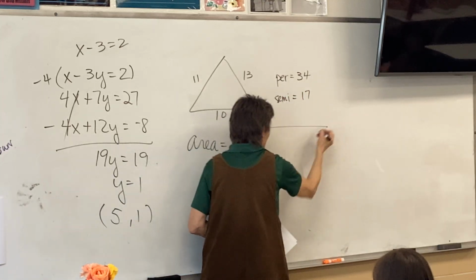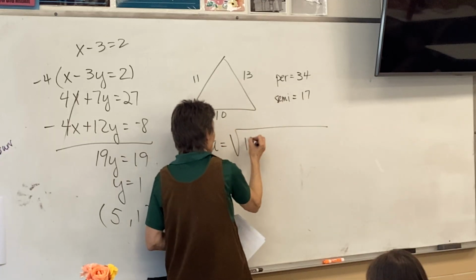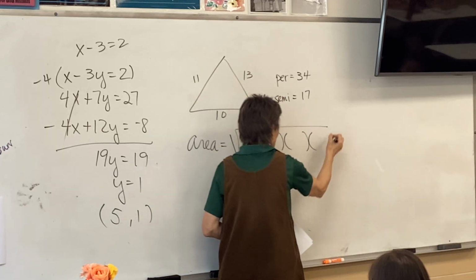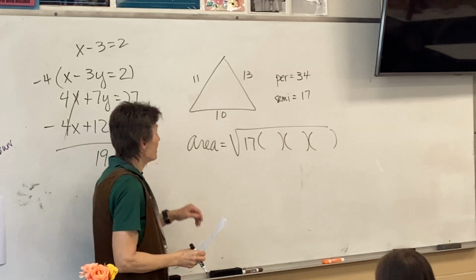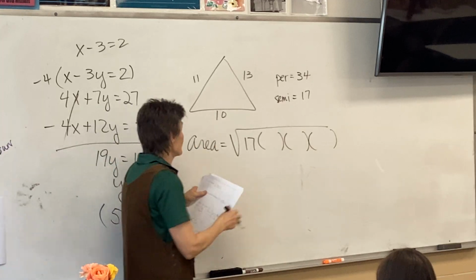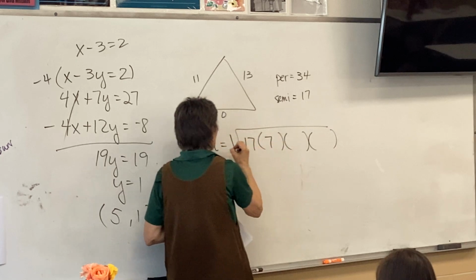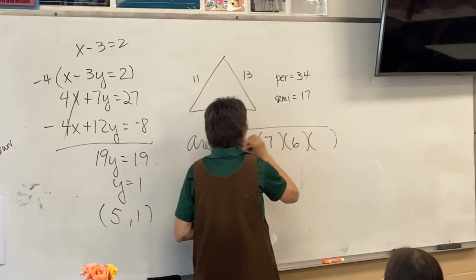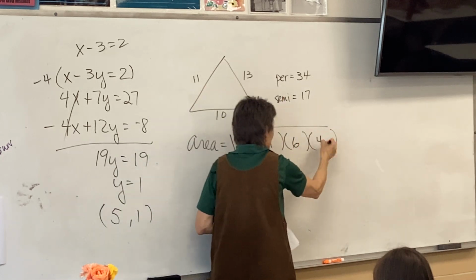And we're going to use Heron's formula. So you start with 17. And then you take 17 minus each of those. So 17 minus 10, 17 minus 11, 17 minus 13.